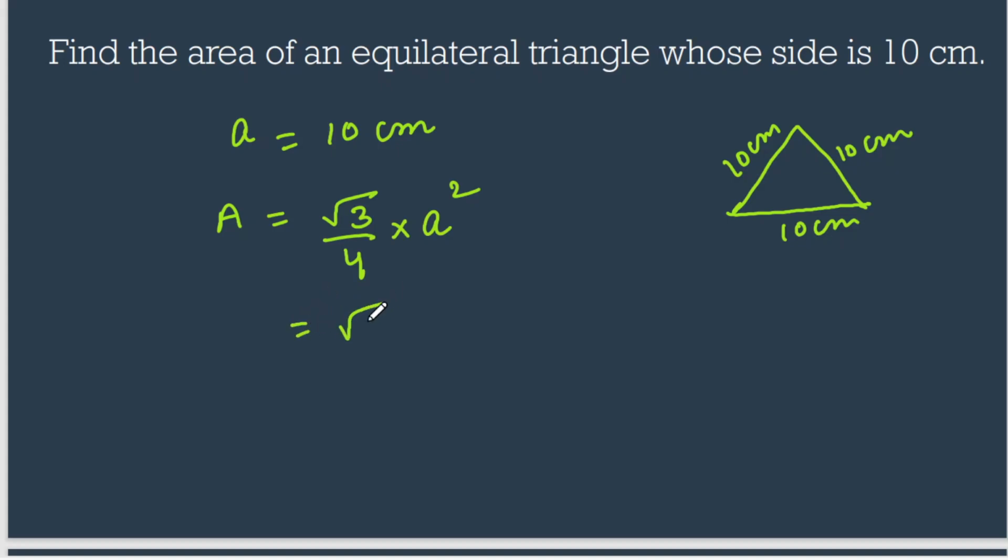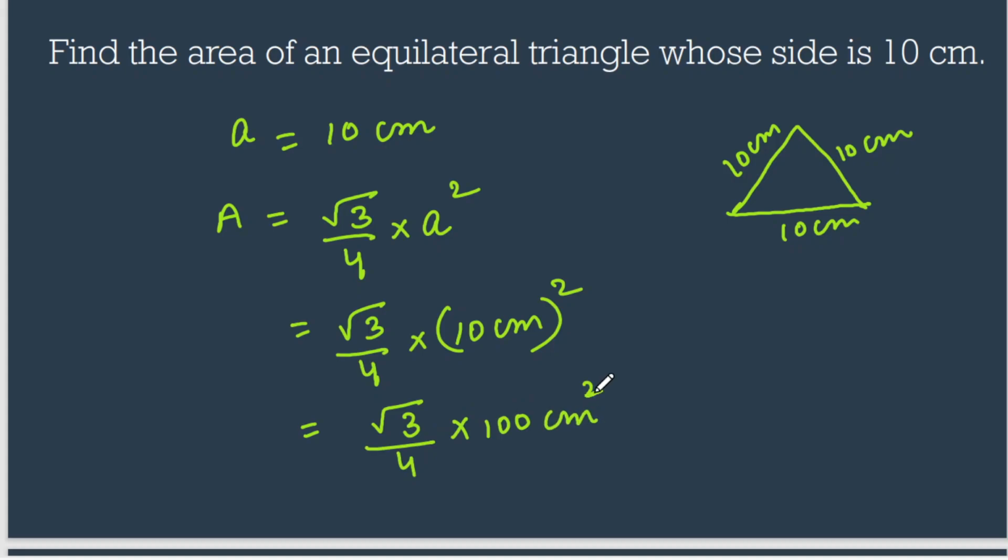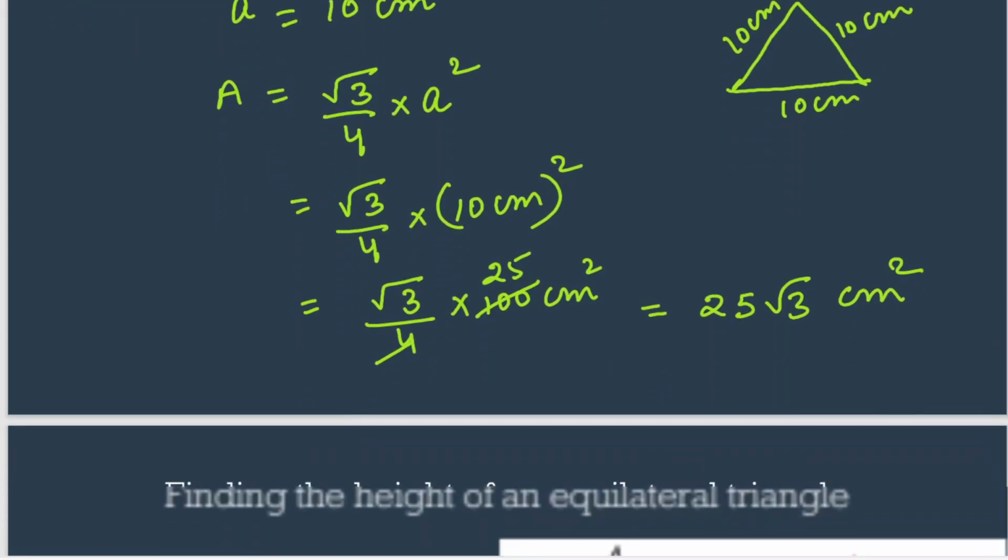That is root 3 by 4 into 10 centimeter whole square. You will get root 3 by 4 into 100 centimeter square. So it will get cancelled out by 25 times. So our answer is 25 root 3 centimeter square. Next question.